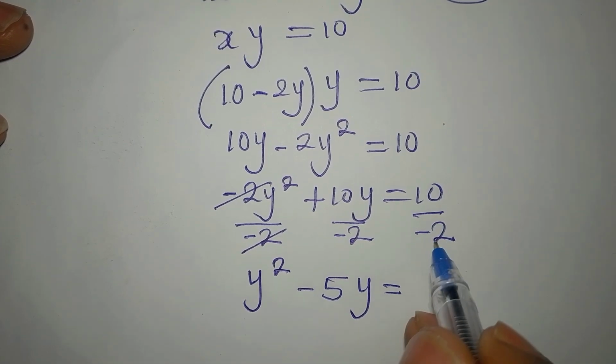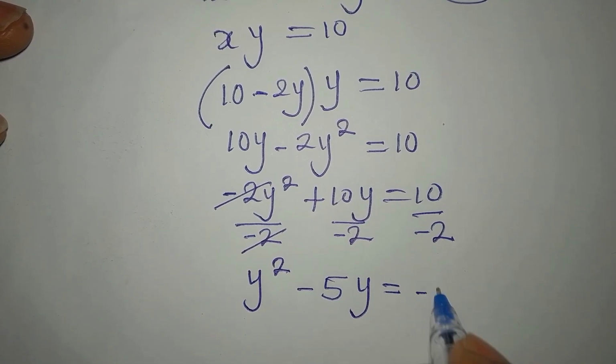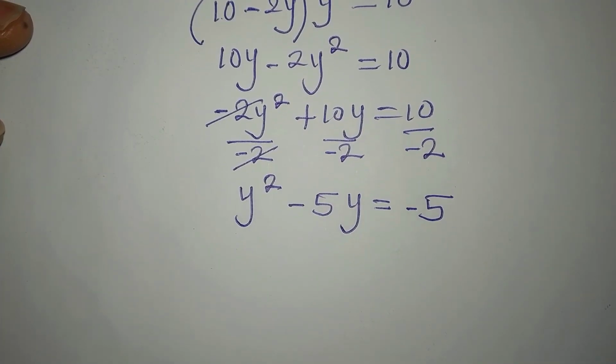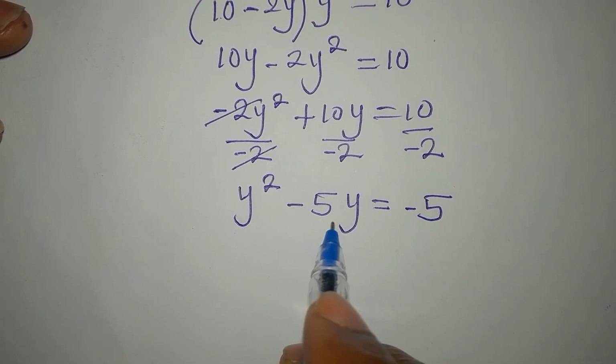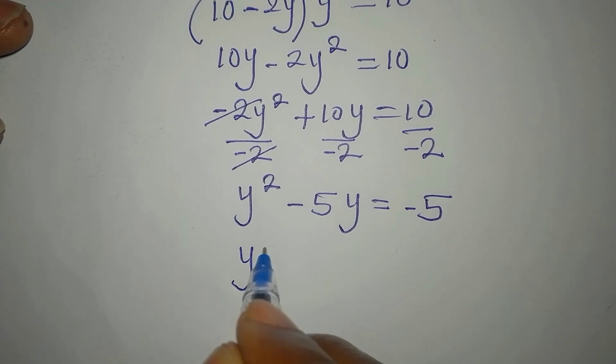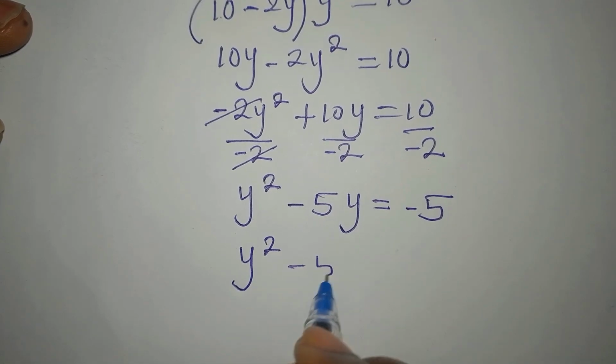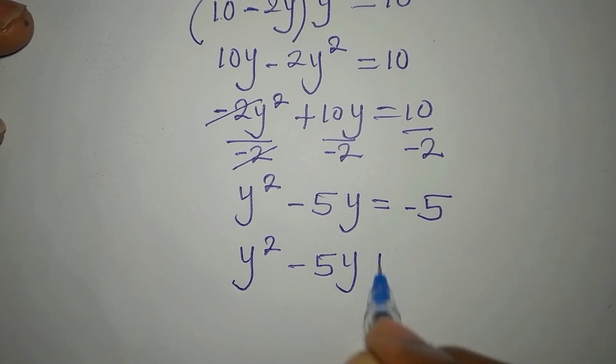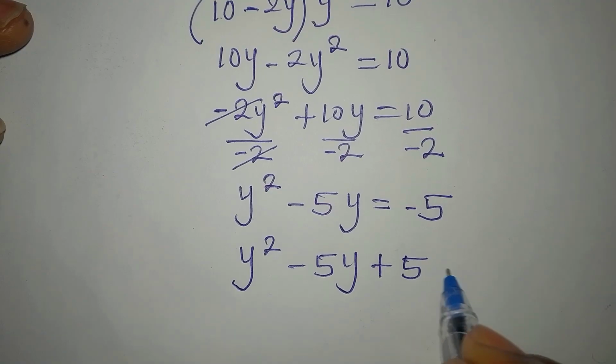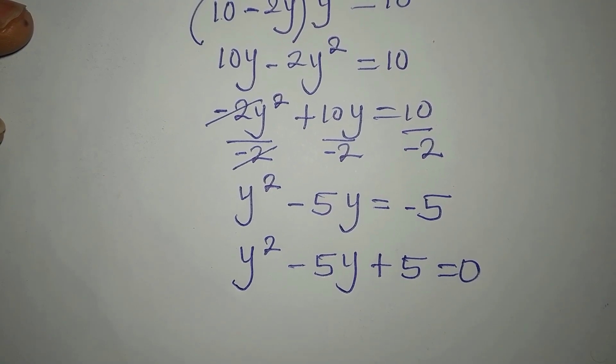And then 10 divided by negative 2, that will give us negative 5. Now, what do I have to do? Bring this to the left. So that will give y squared minus 5y plus 5 to be equal to 0.